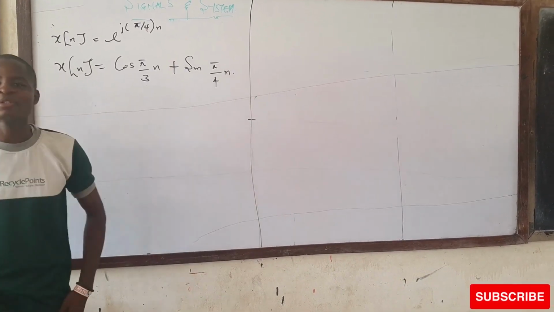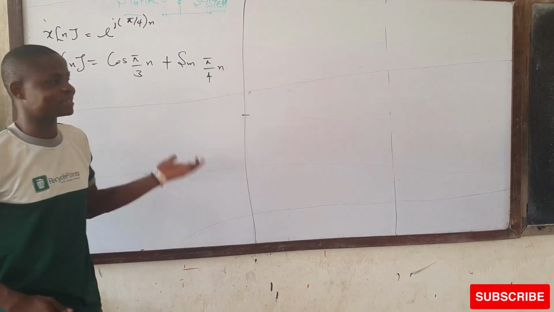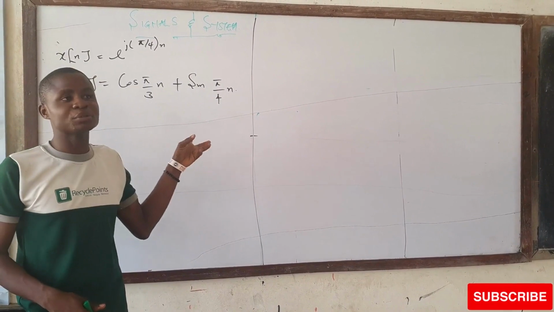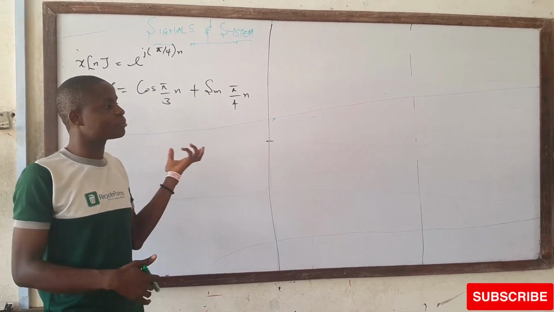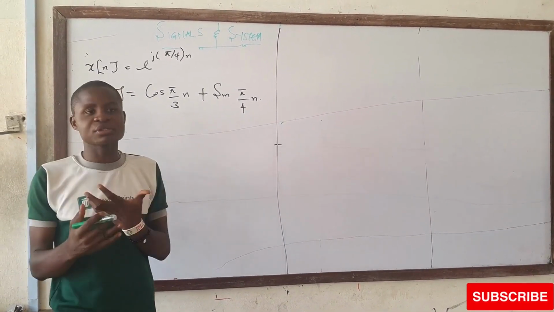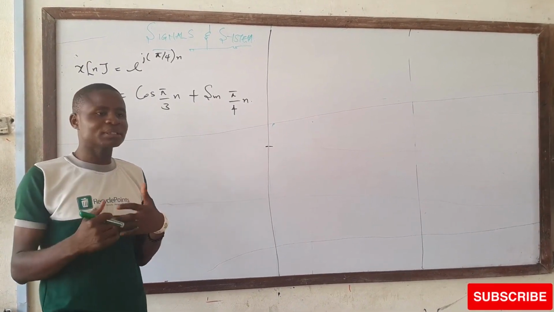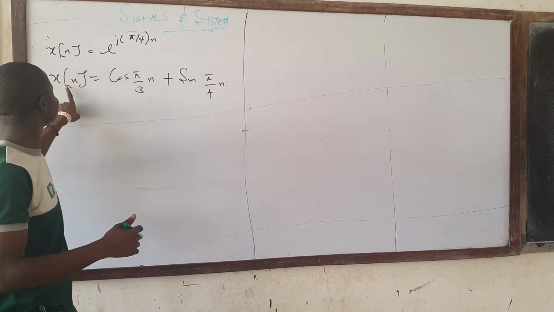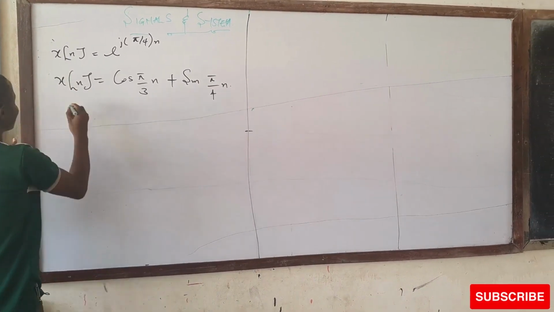Okay, now I'm going to be doing a miscellaneous example on periodic and aperiodic signals, because most of the signals we have done earlier are continuous time signals. But don't worry, we'll still get to the difference between this bracket and this other bracket.